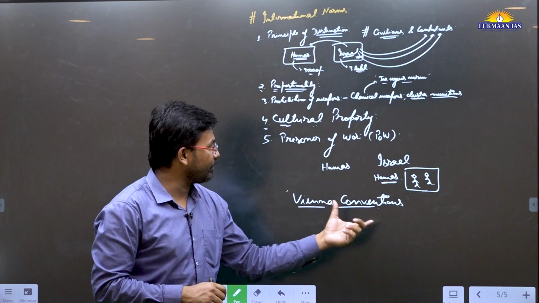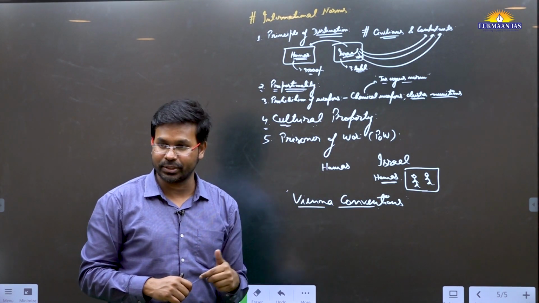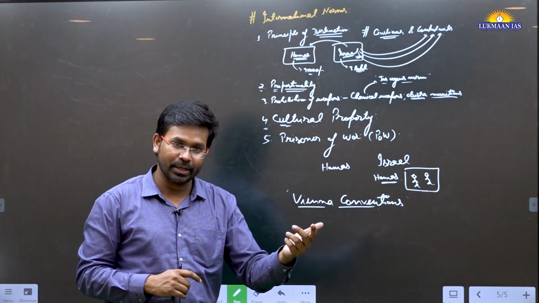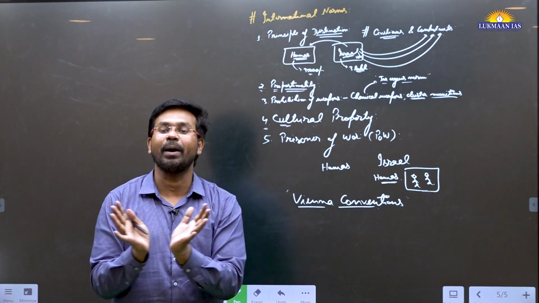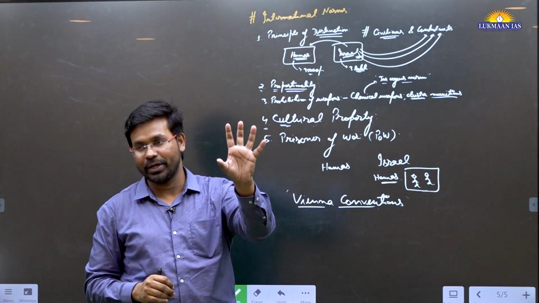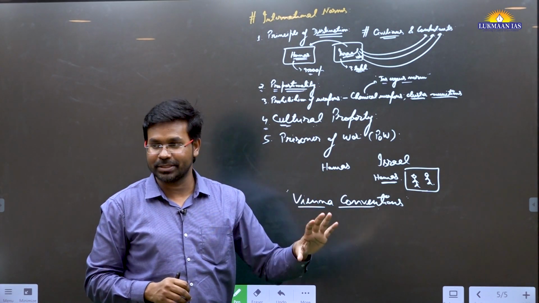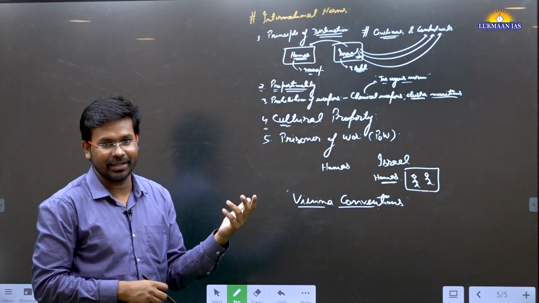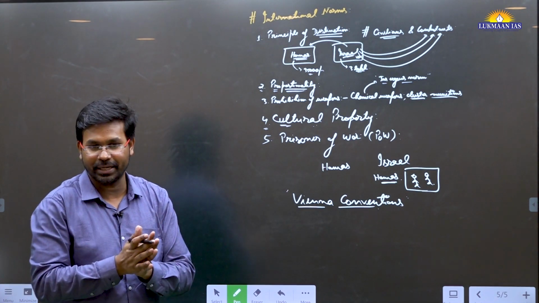Like the Vienna Convention on Consular Relations is a separate convention. When I'm referring to Vienna Convention, I'm referring to the umbrella term. We may go deeper into a study, but that's a part of international law. People who study that field may; we will be restricting ourselves to a broader understanding, right?